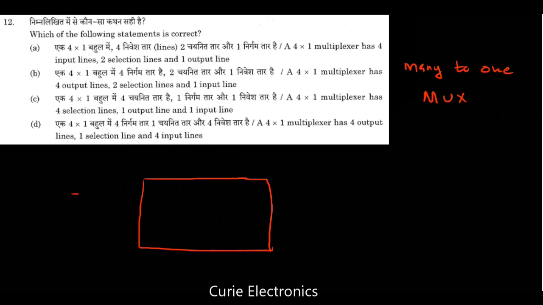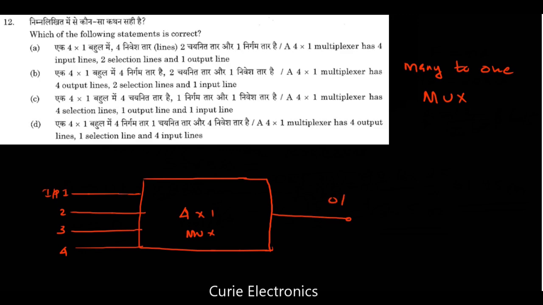So a 4 cross 1 multiplexer should have 4 input lines: input 1, 2, 3, 4. It should have 1 output, because a multiplexer is a many to 1 circuit.